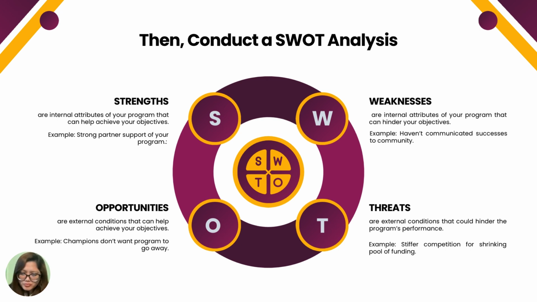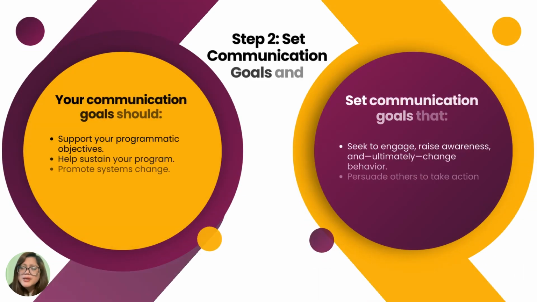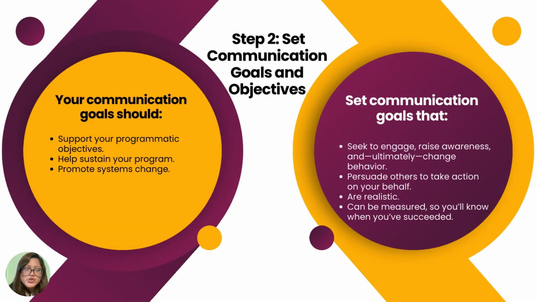Once we do that, the next step is to focus on communication goals and objectives. The purpose here is to clearly define the outcomes that we aim to achieve in measurable terms. Effective communication, we all know, is vital for our program success. And by establishing strategic communication goals, we can navigate towards our objectives more effectively.